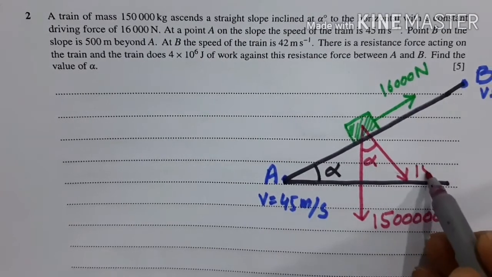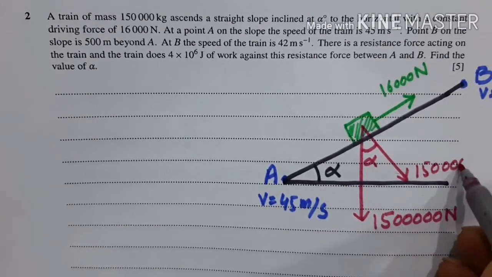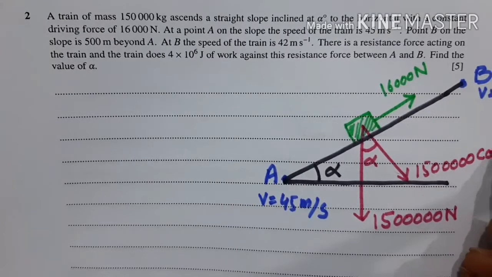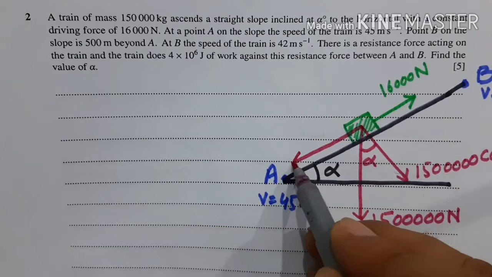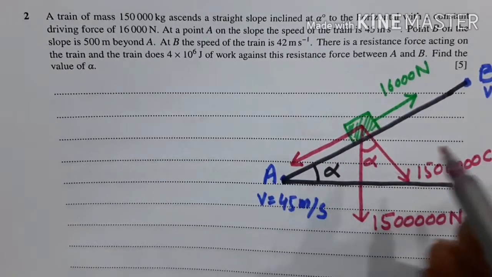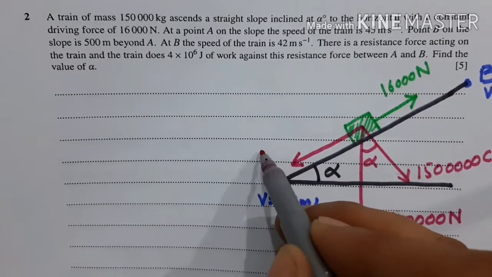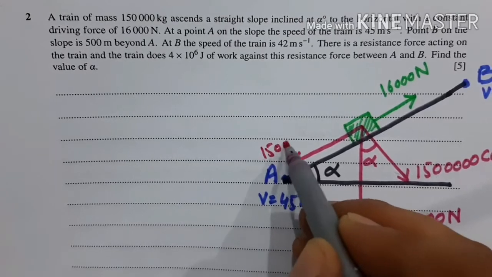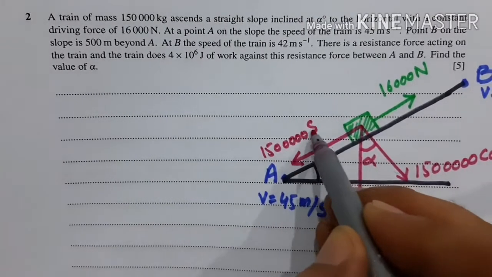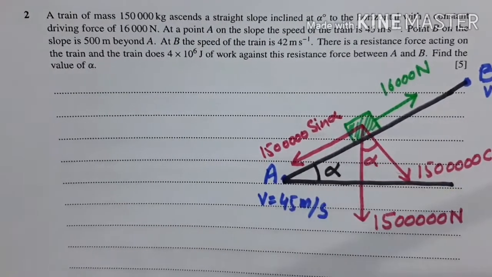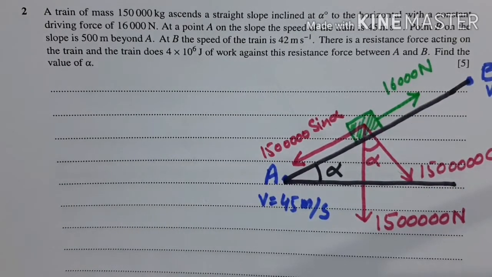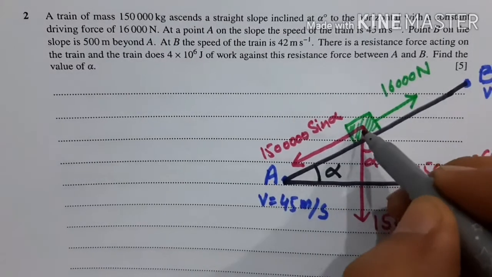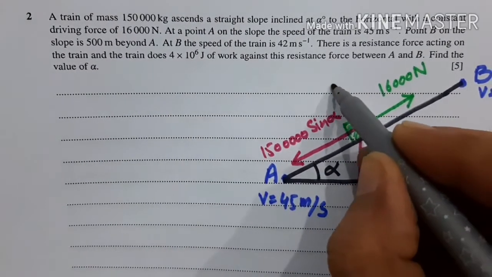This will be 1,500,000 cos alpha, and this is the vertical component of the weight, 1,500,000 sine alpha. Okay, there is a normal reaction R which is directly upwards.